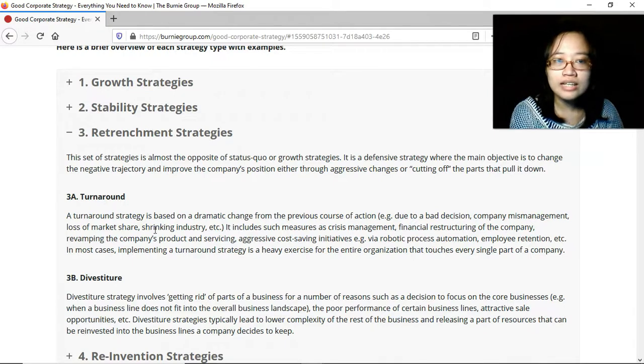Itong turnaround, ang nangyari kasi, there is a dramatic change from the previous course of action. Example nito, mga bad decision, company mismanagement, loss of market share, shrinking industry.